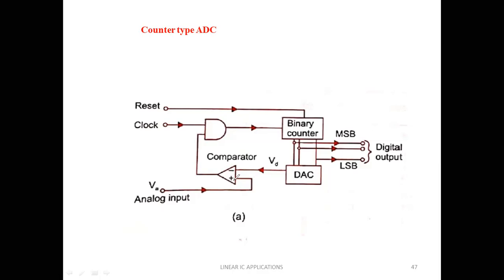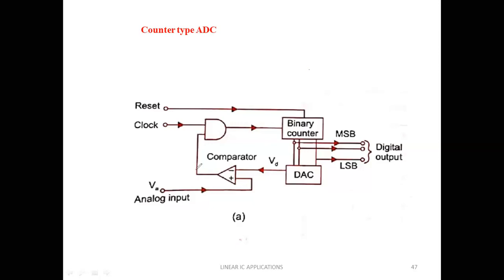Otherwise, that means the voltage at the non-invert terminal is less than the voltage at the inverting terminal, and the comparator output is low.